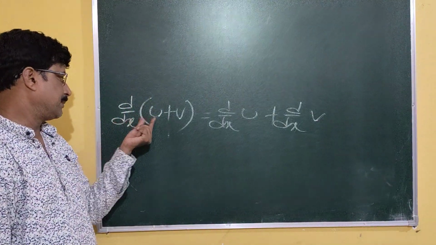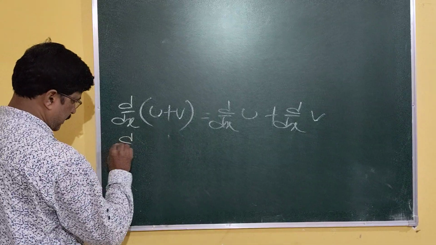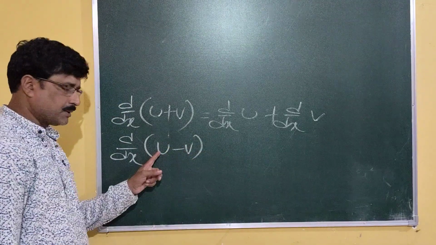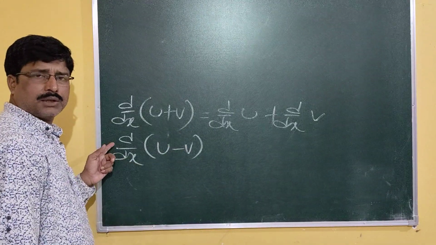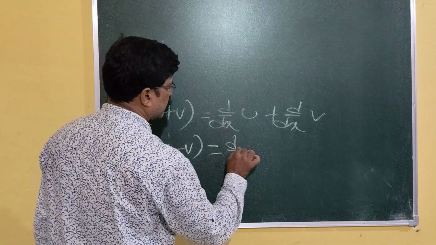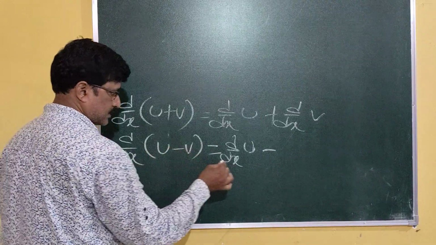That means derivative of u plus derivative of v. Similarly, dy dx of u minus v, with respect to x, is equal to dy dx of u minus dy dx of v.